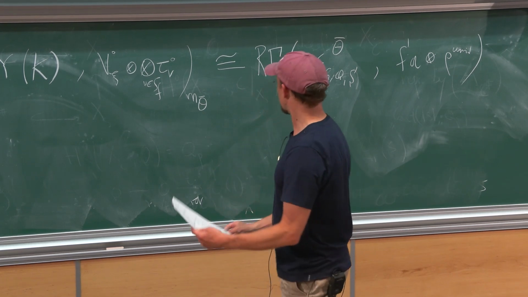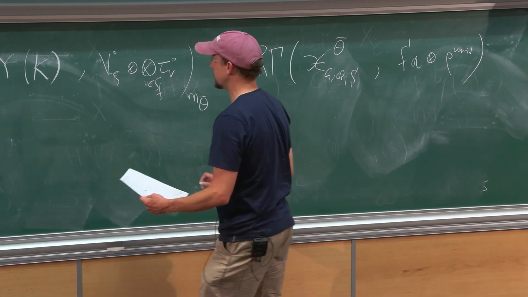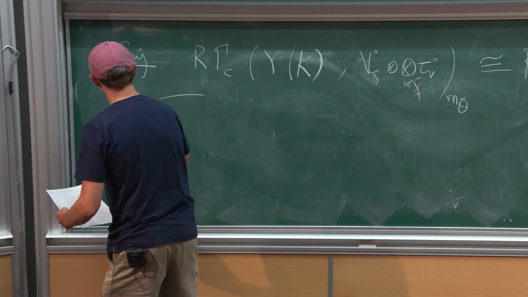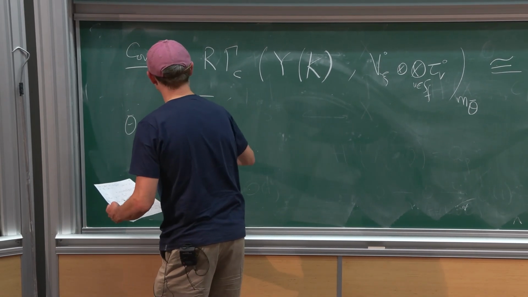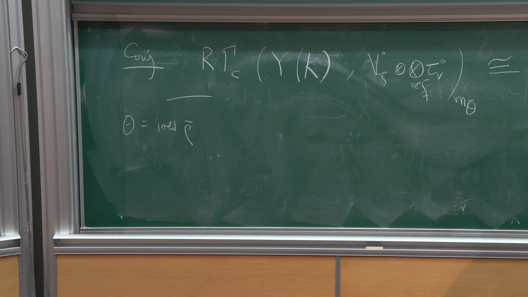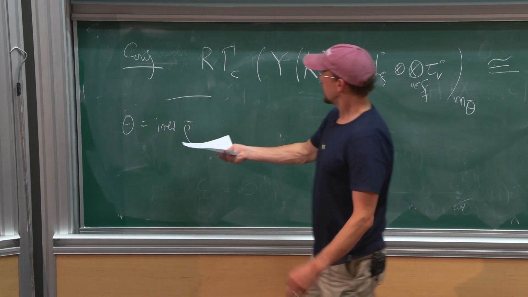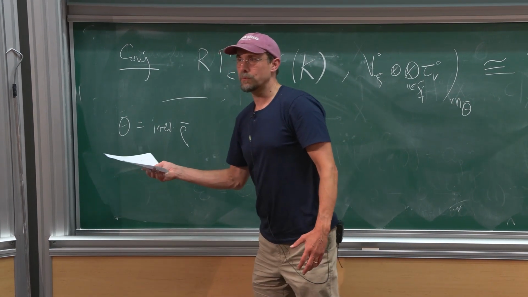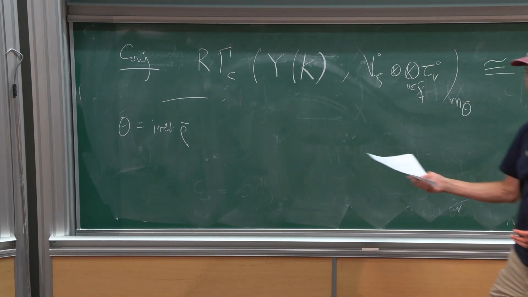Okay. I'd like to think about this special case. Again, you might think it's a bit stupid in a way, because the stack was not a very exciting stack in this case.